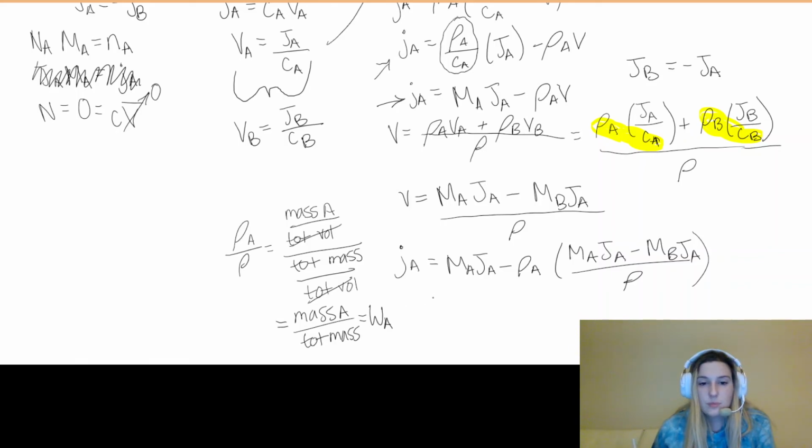So let's plug in mass fraction, WA, in for rho A over rho, the mass concentration of A over the mass concentration. And then I'm also going to pull out the JA, the molar diffusive flux term, just to polish it up.